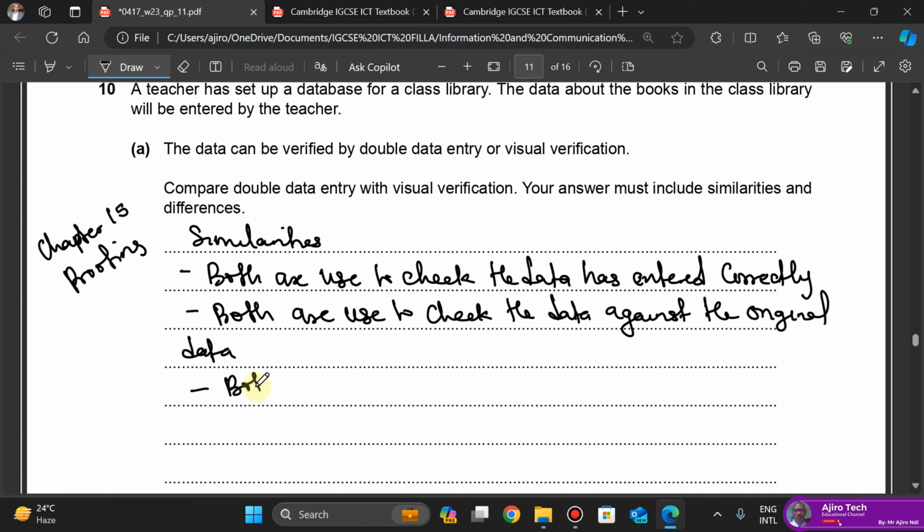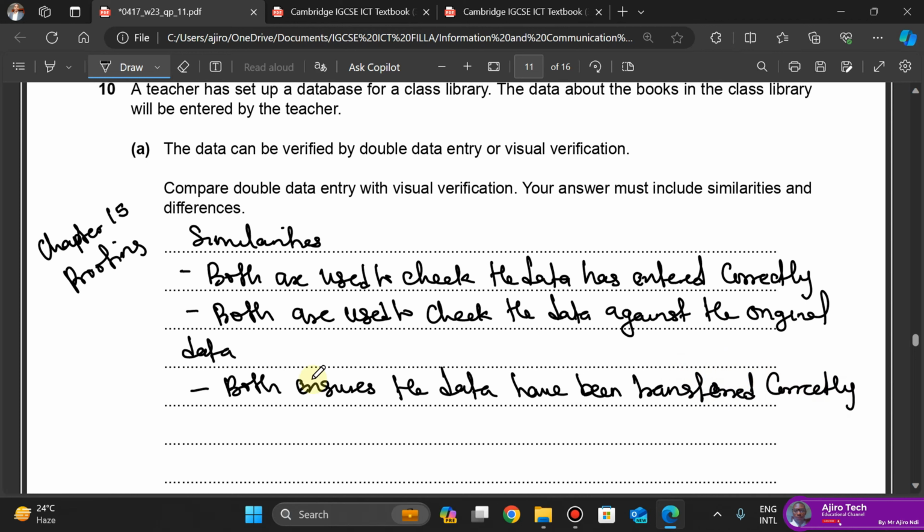Both ensure the data have been transferred correctly.